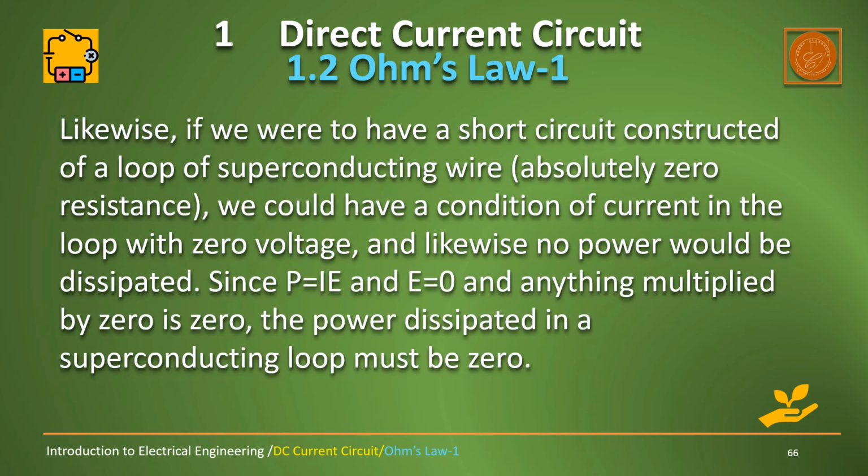Likewise, if we were to have a short circuit constructed of a loop of superconducting wire, absolutely zero resistance, we could have a condition of current in the loop with 0 voltage, and likewise no power would be dissipated, since P equals I multiplied by E, and E equals 0, and anything multiplied by 0 is 0.